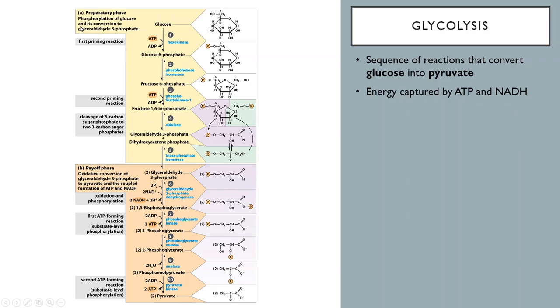The first 5 steps we call the preparatory phase, which is basically about phosphorylating the glucose and breaking it up into 2 molecules of glyceraldehyde 3-phosphate. And then the second half is called the payoff phase, where the glyceraldehyde 3-phosphate is oxidized eventually to pyruvate, and that produces the ATP that this reaction nets out.